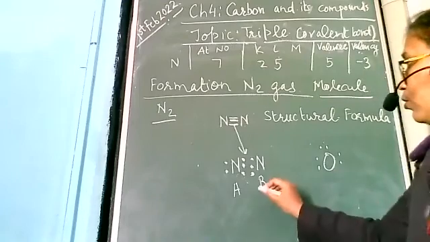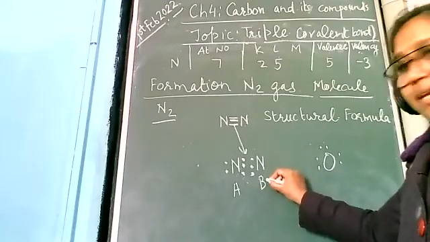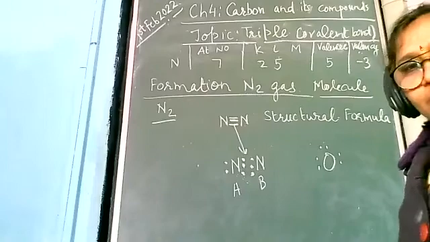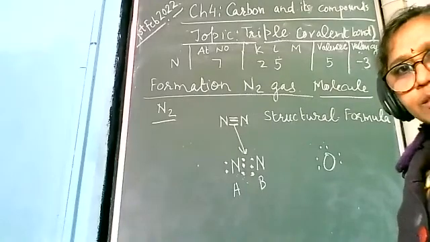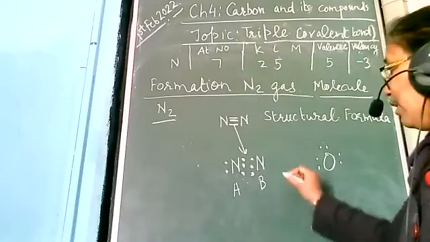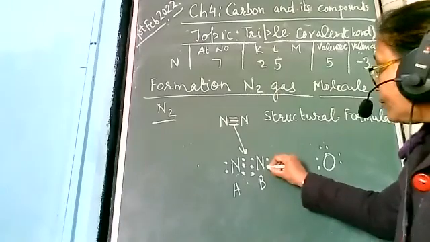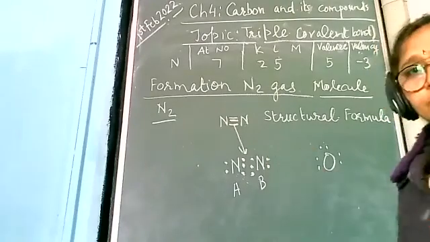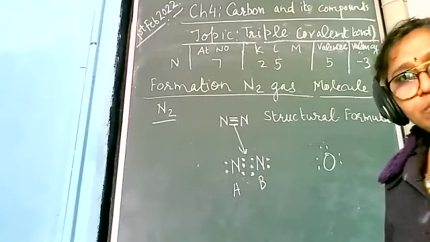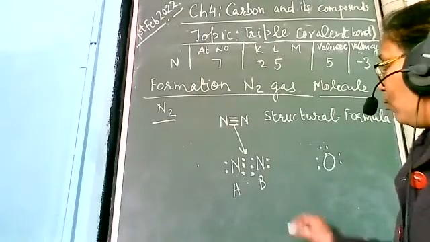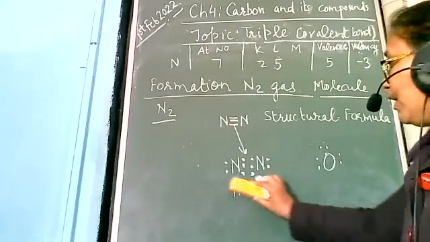B also. And in the B atom of nitrogen, how many electrons will be written? 2. 2 electrons, right? So now I will represent how they have completed.